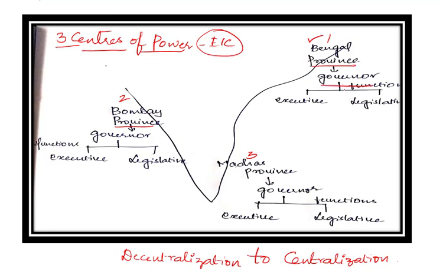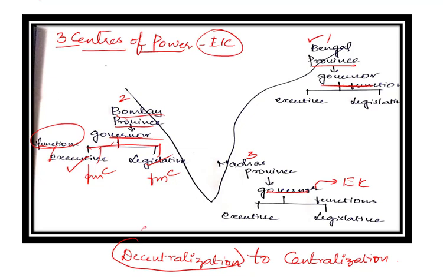Each province or center had its own governor who was appointed by the East India Company. What are the functions of the governor? The governor has both legislative and executive functions over those areas. So the Bengal governor has the legislative and executive functions of Bengal, and so it is considered a decentralized form of government.